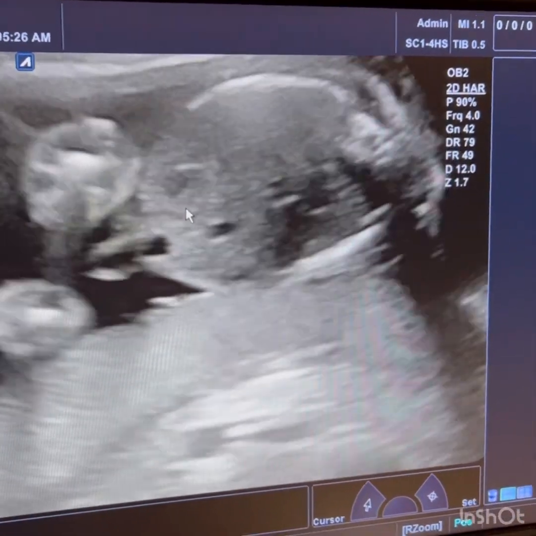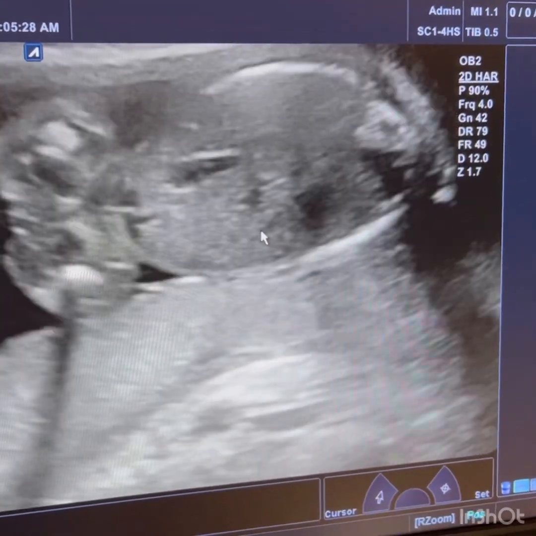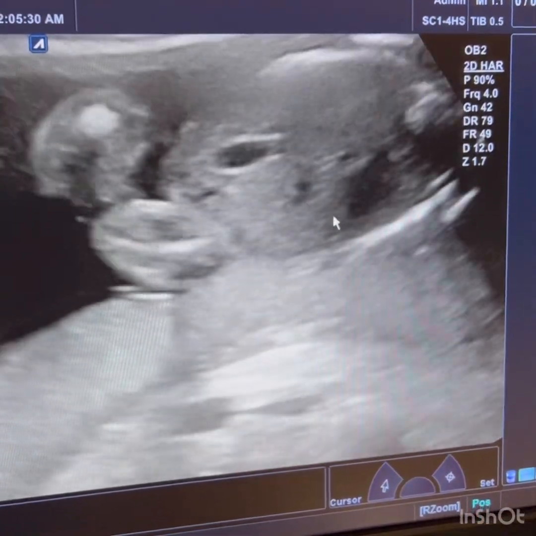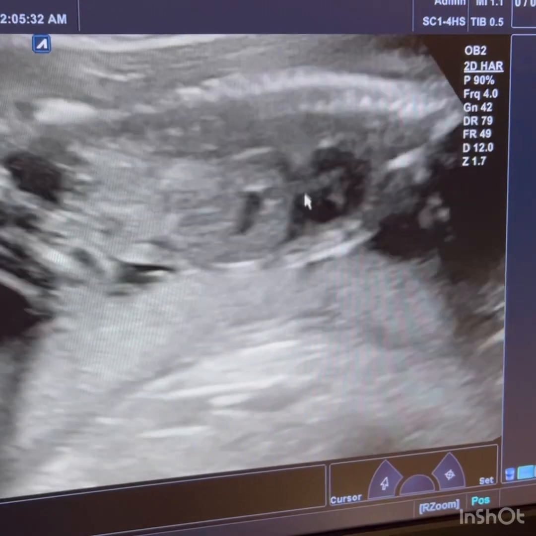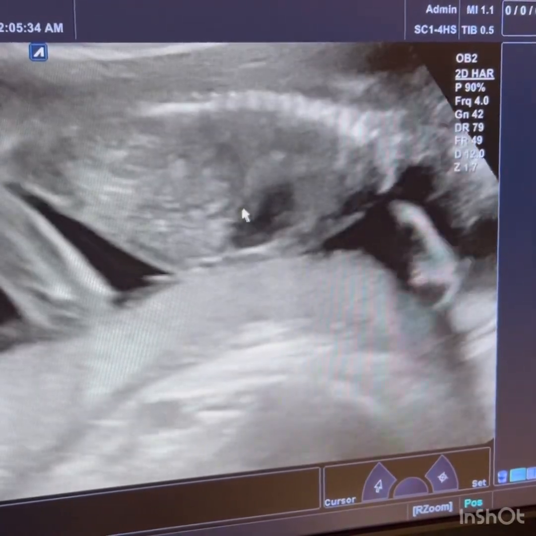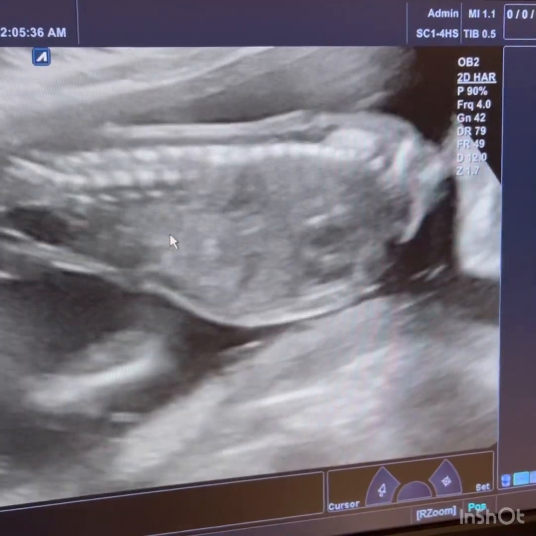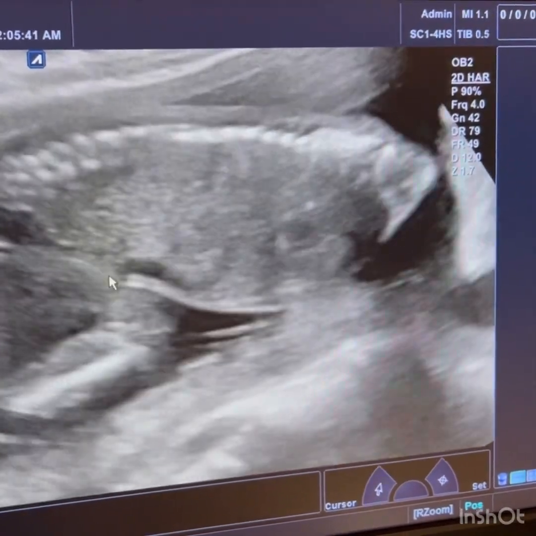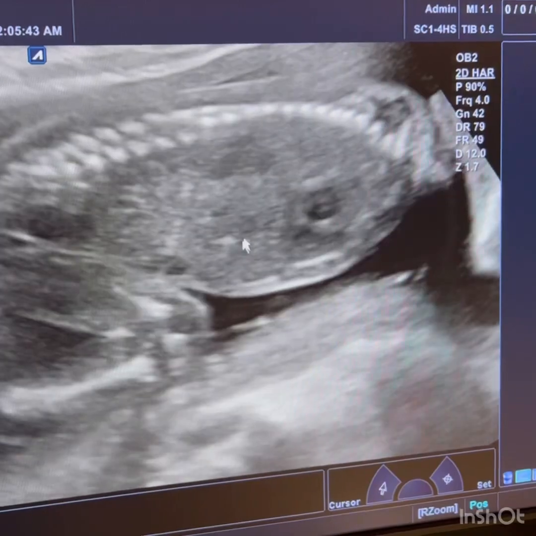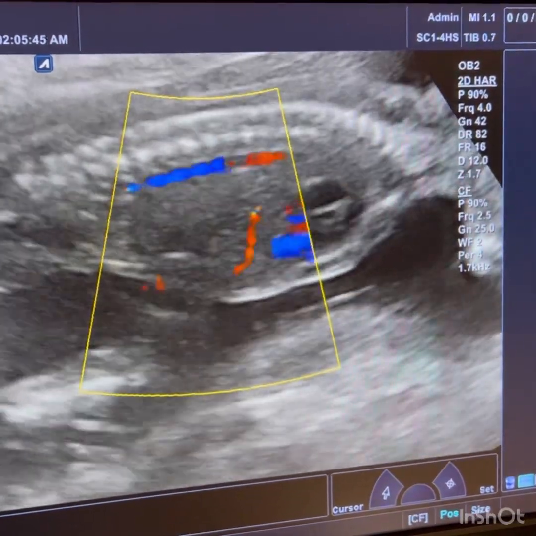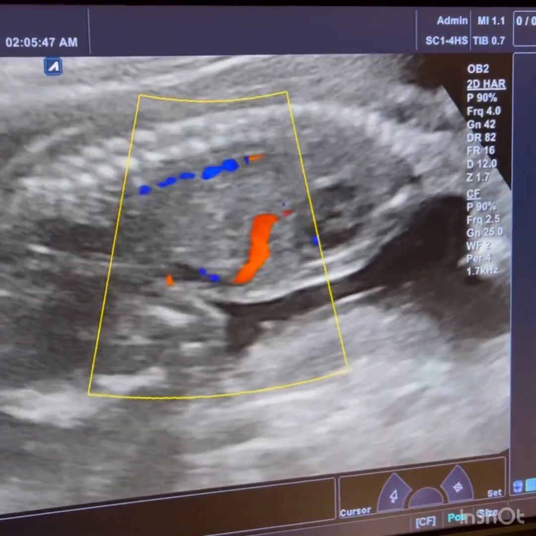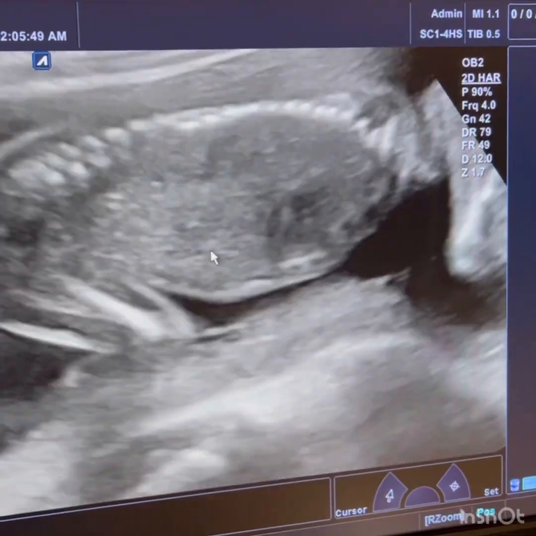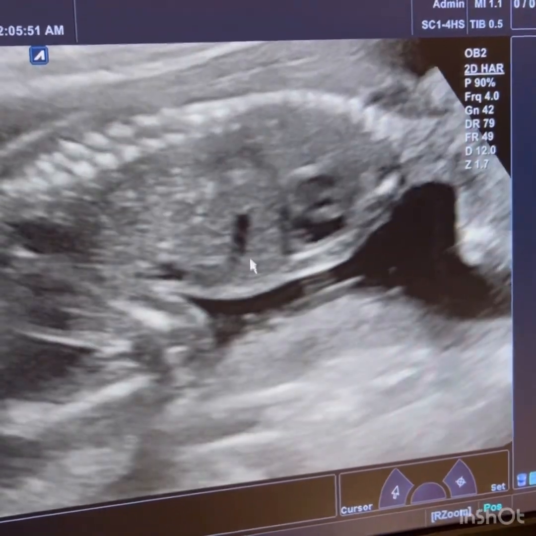Again, in transverse view, we see the left kidney and the left axis of the heart. Here we can see the umbilical vein and its flow in color Doppler sonography.